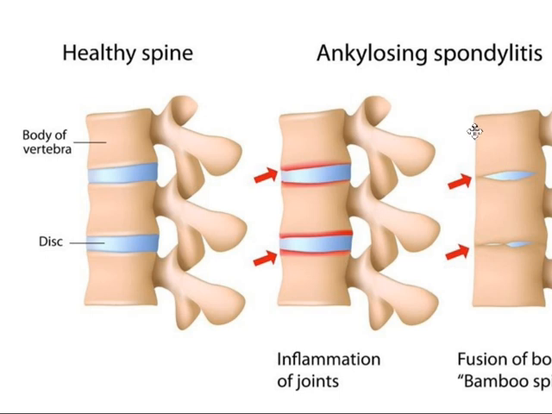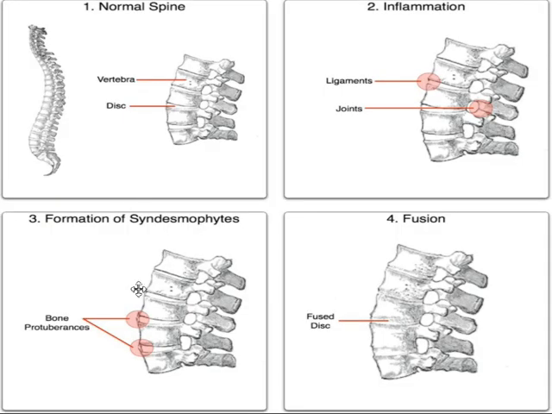It is lost. The concavity is lost here. And finally, because of the fusion of bones, bamboo spine. This is the appearance of a bamboo spine, characteristic of ankylosing spondylitis. Again the same thing, formation of syndesmophytes, fusion of bones.